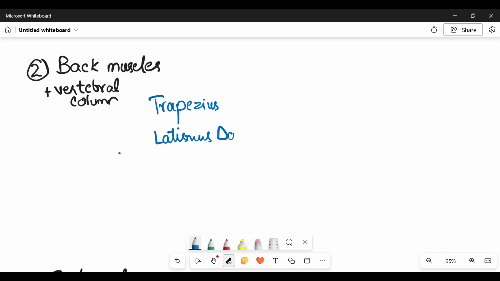Then we have levator scapulae muscle, and then we have the rhomboid minor and rhomboid major muscle.